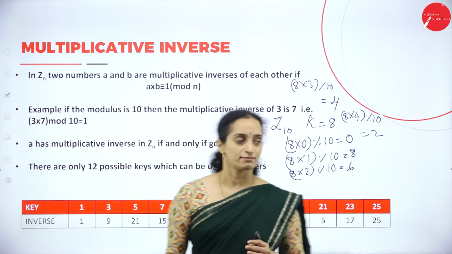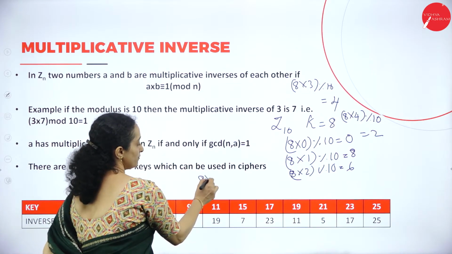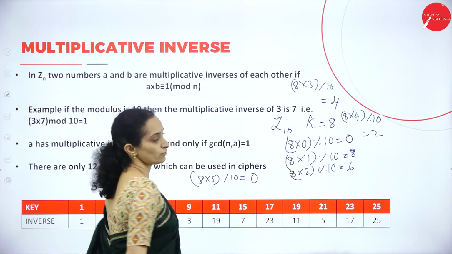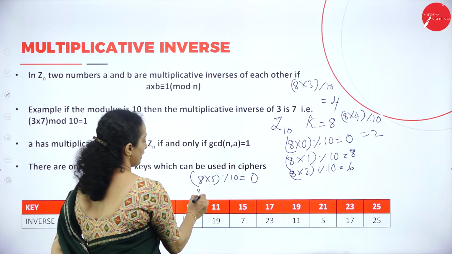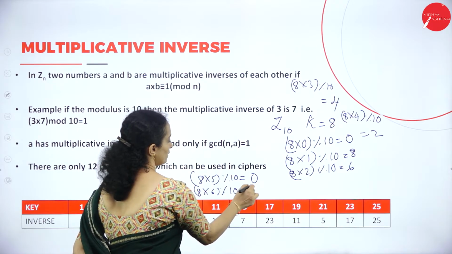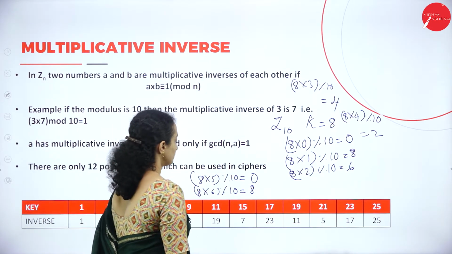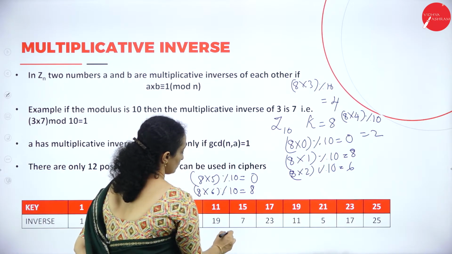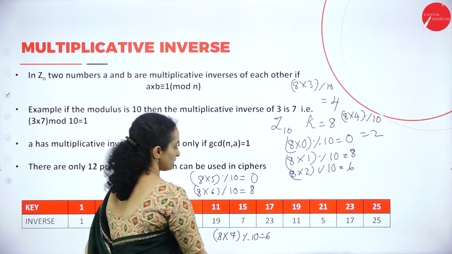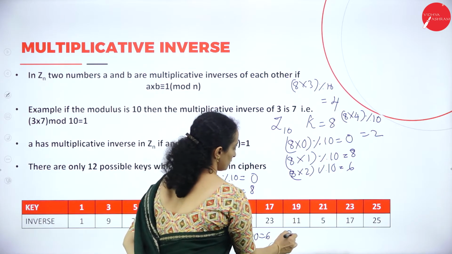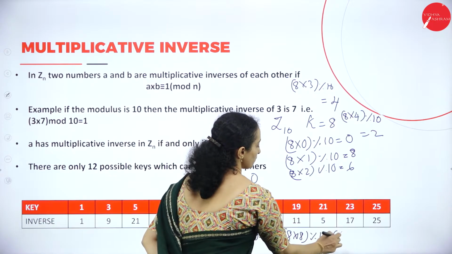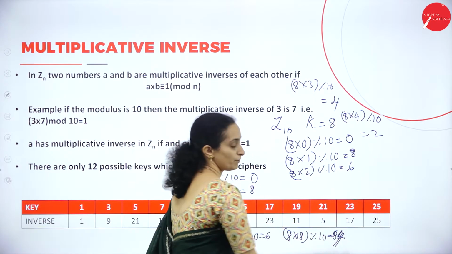Again it is not a multiplicative inverse. 8 into 5 is 40, modulus 10 gives 0. 8 into 6 modulo 10 gives 8. 8 into 7 is 56, by 10 it gives 6. 8 into 8 is 64, modulo 10 the value will be 4.